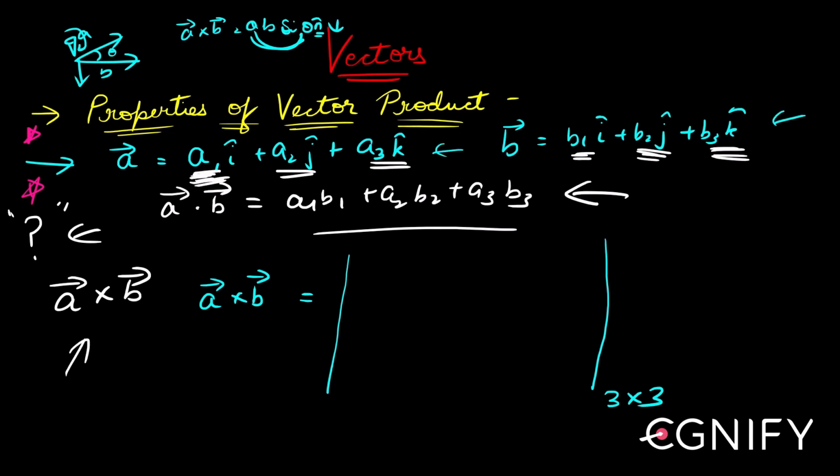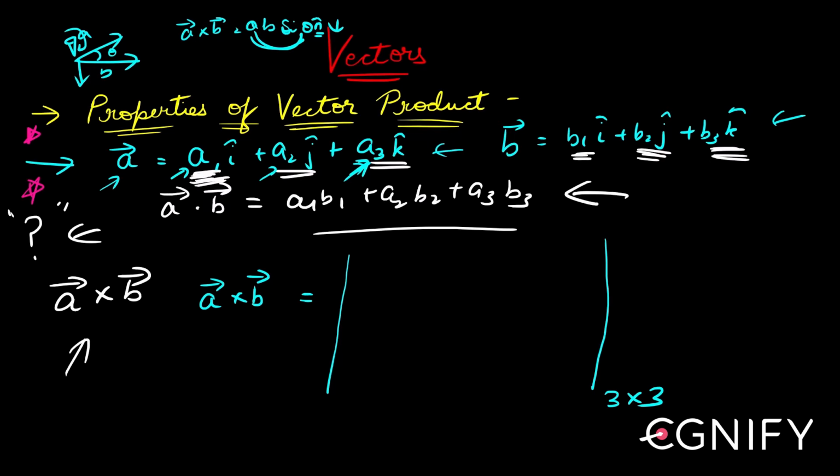Even if they are in 2 dimensions, this formula that I'm going to give you, or this method, is still valid, because if, for example, this vector A bar is only in the xy plane, then at max what will happen is your A3 will be 0, right? Because if it's in the xy plane, only x components and y components will be non-zero. Z component will be 0 because the vector is only in the xy plane. So this will be 0.